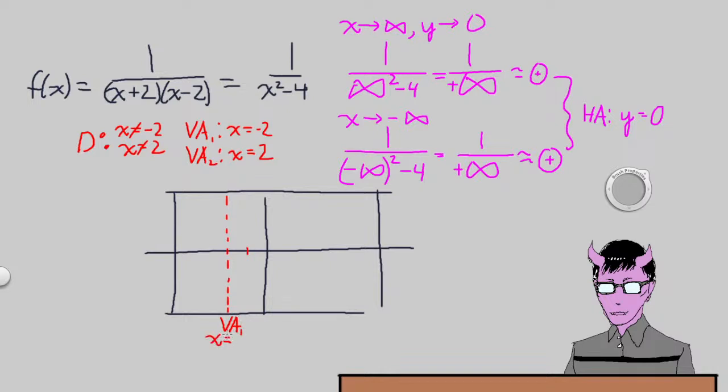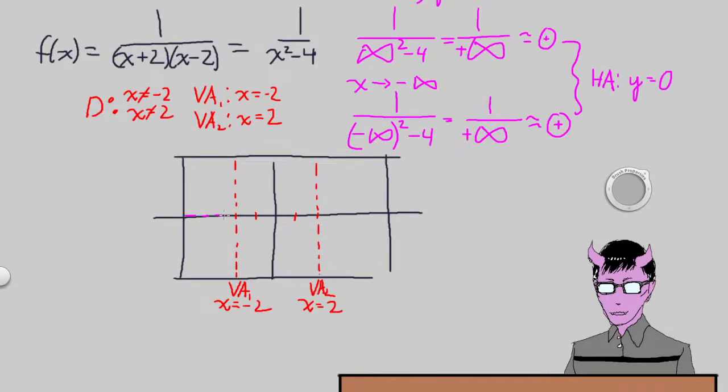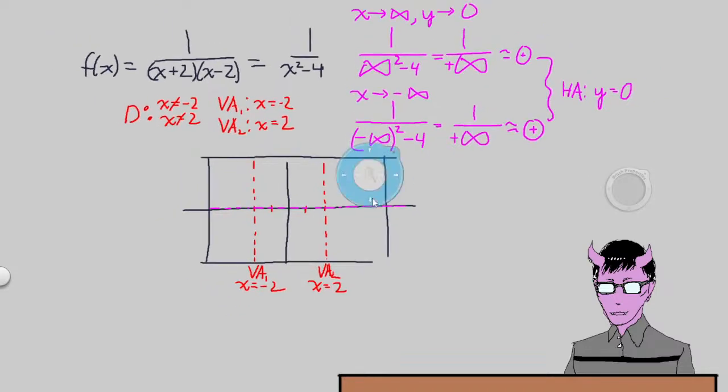Again, that's at x is equal to negative 2. And then we have VA2 at x is equal to positive 2. Remember, those are invisible walls. They will cause your function to fail. So we never cross those. We have a horizontal asymptote at y is equal to 0. So it's still going to be right here-ish. Whoops. Oh no. Okay. So that's kind of a funky graph.